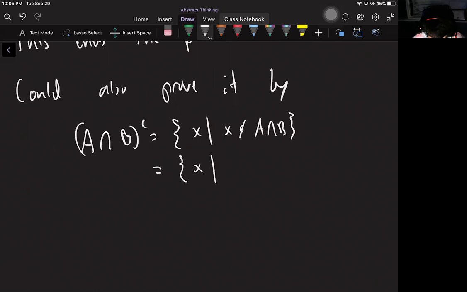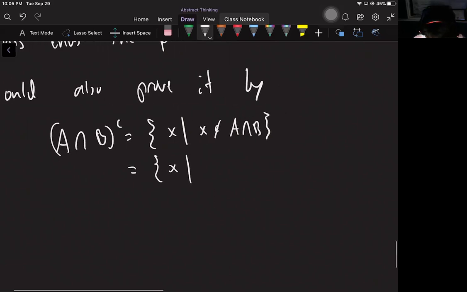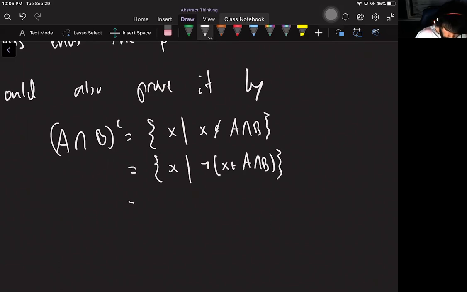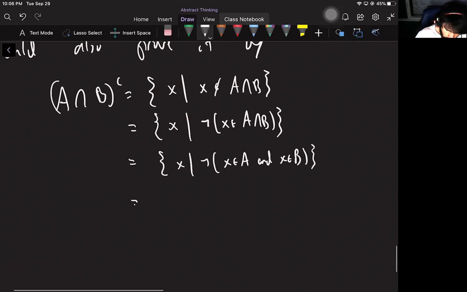So X not being in A intersect B means it's not the case that X is in A intersect B, which means it's not the case that X is in A and X is in B, because that's what it means to be in the intersection. And then I could slip that negation right back through the and.